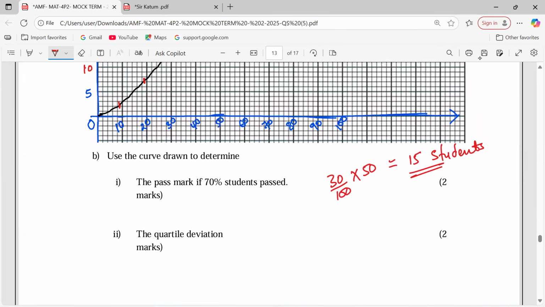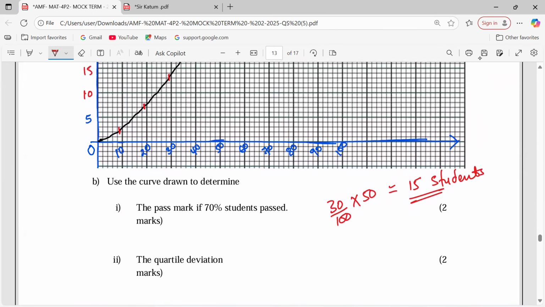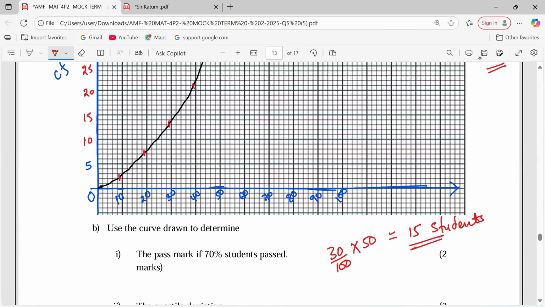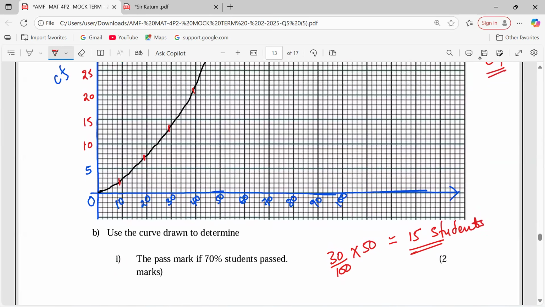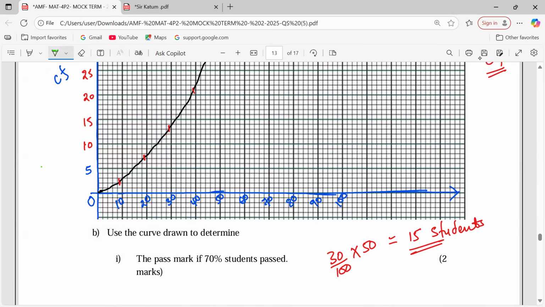So the mark scored by the lowest 15, then that becomes our pass mark, or the mark that was not attained by the first 15. So we check the first 15 students. So the column with students, that is what we will start with. We identify the column with the students on the cumulative frequencies.